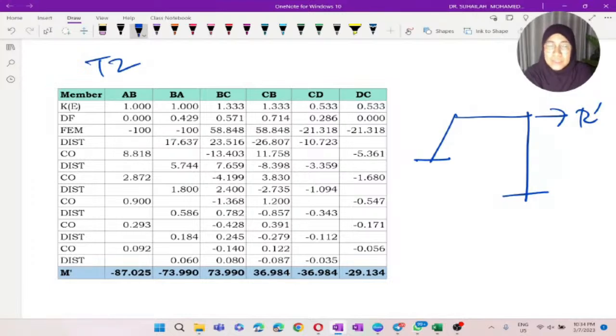R and R prime are actually the shear equation for two types of frame. Type number 1 is the no Sidesway frame, and type number 2 is the Sidesway frame.